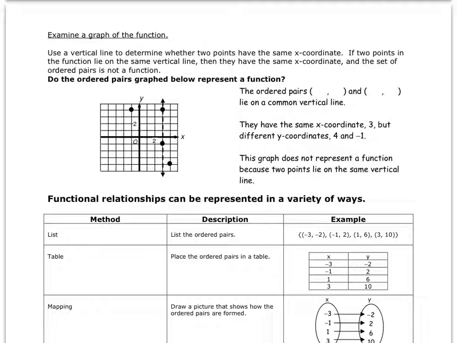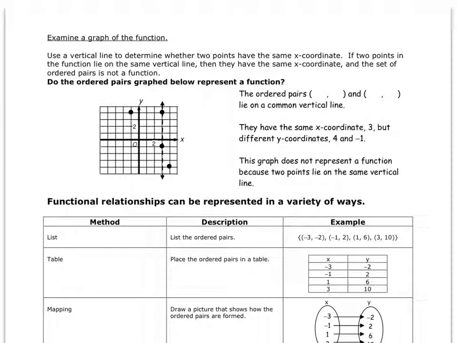So for example, the ordered pairs right here, let me go back and look. Right here, that ordered pair is 3, 4. And you can write it over here if you like.